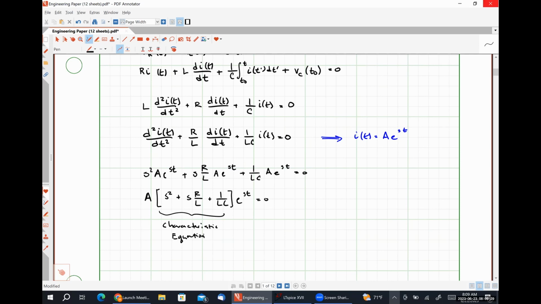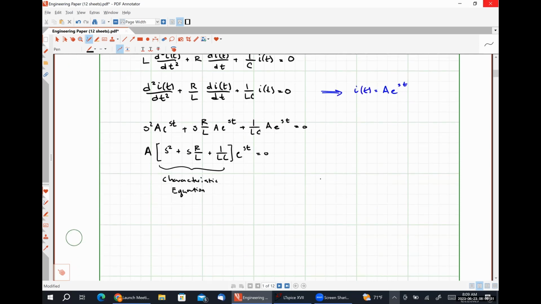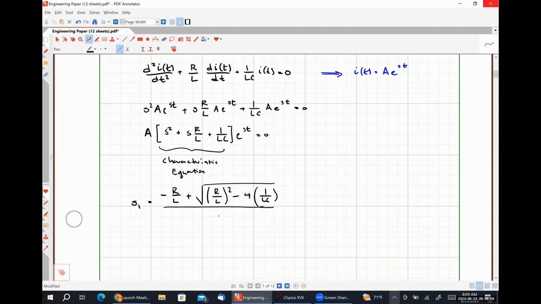Since we have a second order characteristic equation, we will have two solutions. So s1 will be equal to negative R over L plus the square root of R over L squared minus 4 times 1 over LC, all divided by 2.